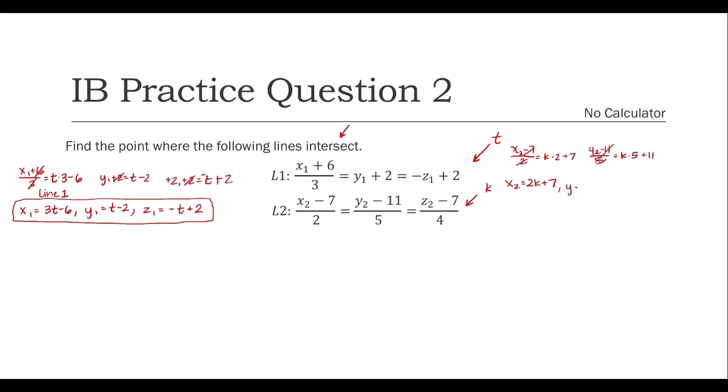So y2 equals 5k plus 11. Finally, (z2 minus 7) over 4 equals k. So we'll multiply by 4 and add 7. So z2 equals 4k plus 7. So this here is line 2.